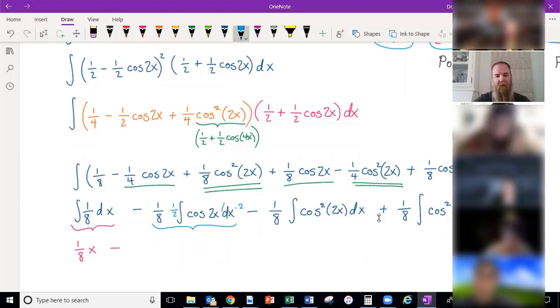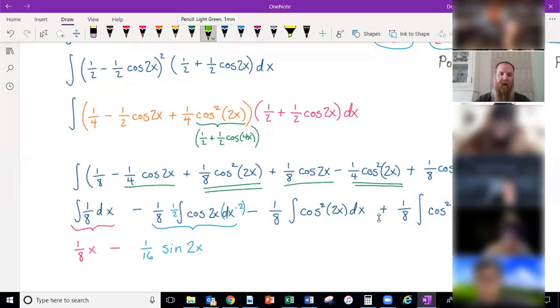Notice that now 2 dx is going to be our du, and so we're left with a coefficient of 1/16. The integral of cosine of u du is sine of u. So that's just sine of 2x. All right, that takes care of that one.